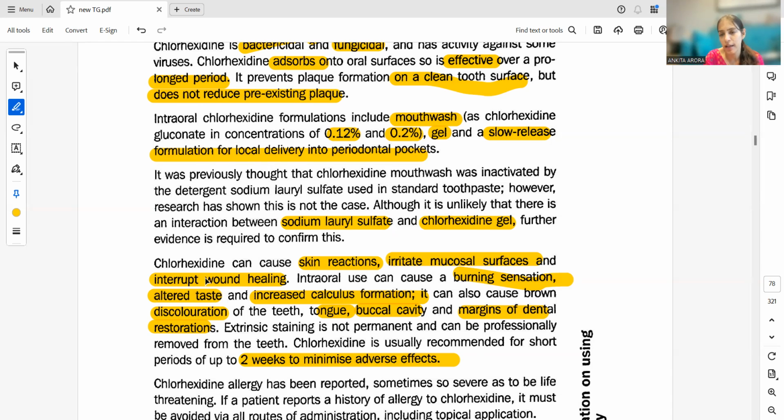So it hastens calculus formation. Its antimicrobial effect reduces the microbiota per se, but calcification is hastened by chlorhexidine. That's why, to minimize adverse effects like staining, calculus formation, and burning sensation, it should only be prescribed for 2 weeks.